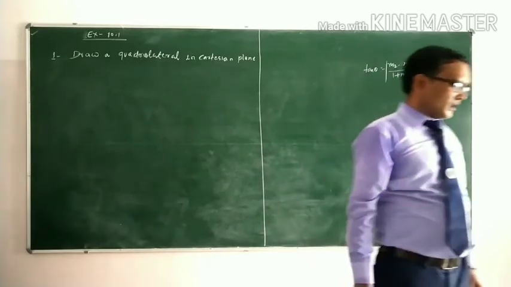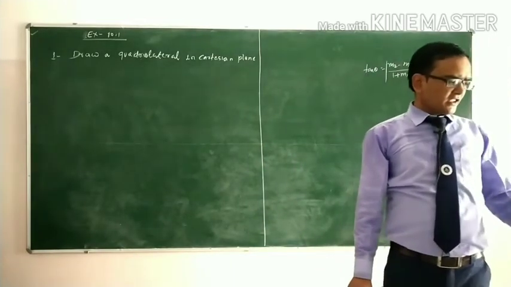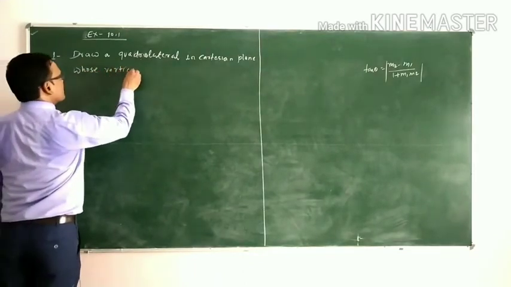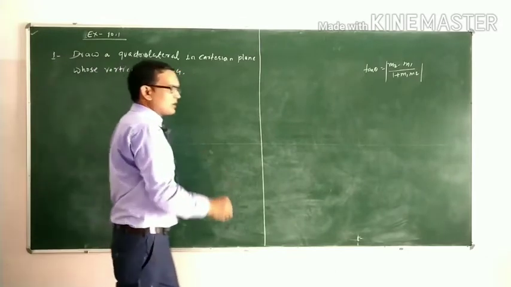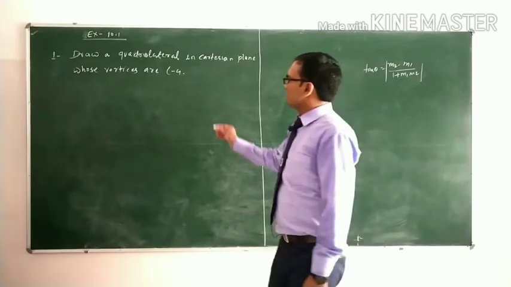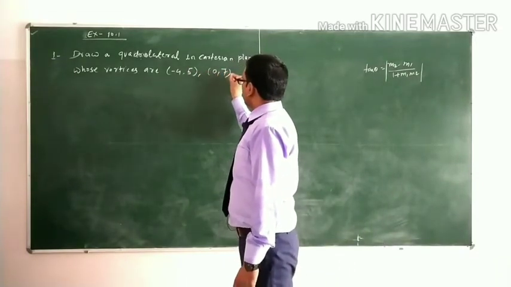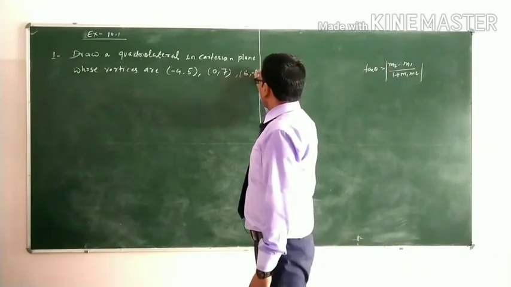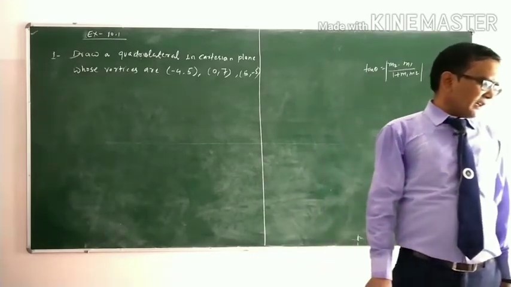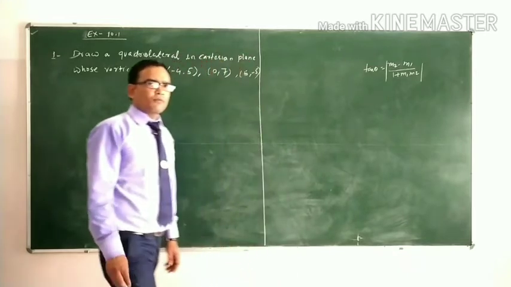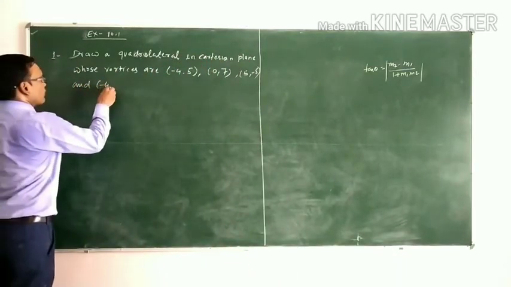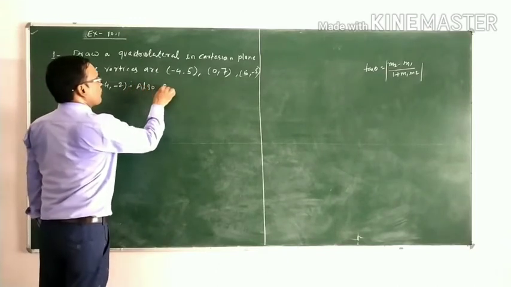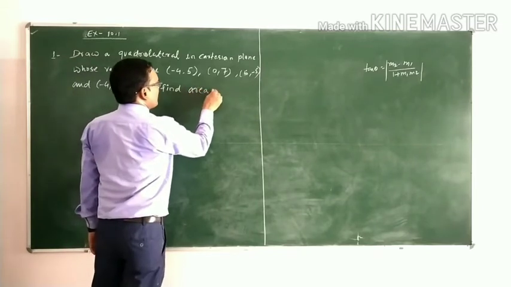Draw a quadrilateral in a Cartesian plane whose vertices are minus 4 comma 5, 0 comma 7, 5 comma minus 5, and minus 4 comma minus 2, and also find the area.